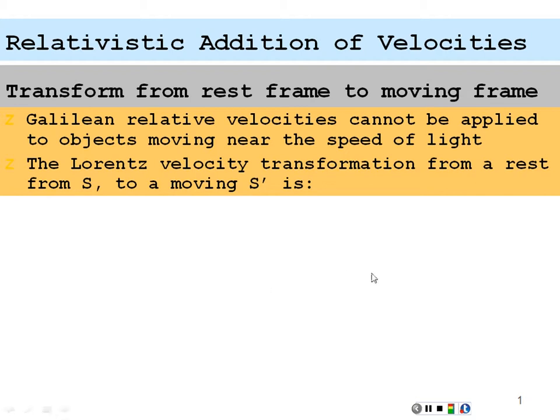If we are going from a rest frame S to a moving frame S prime, then the velocity of an event in the moving frame, u sub x prime, is equal to the velocity of that event witnessed in the rest frame minus the relative velocity between frames, over 1 minus the velocity of the event times the relative velocity divided by the speed of light squared. So this allows us a transformation from an event in a rest frame to a moving frame.